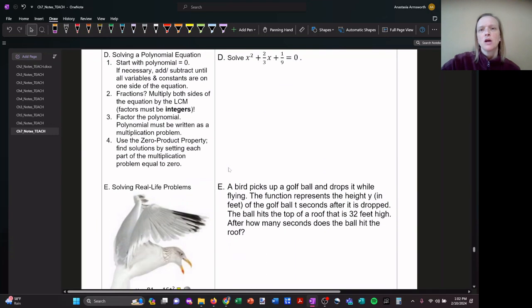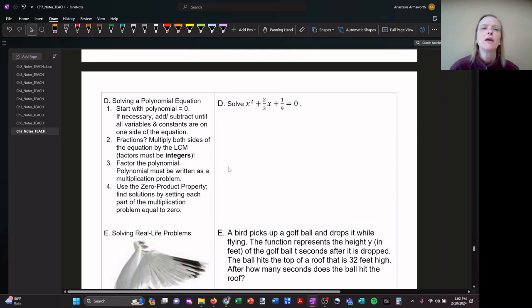All right. Let's look at how to solve a polynomial equation. We've learned how to solve these before. We use the zero product property, which just says if we have a multiplication problem, if a times b equals 0, then either a equals 0 or b equals 0.